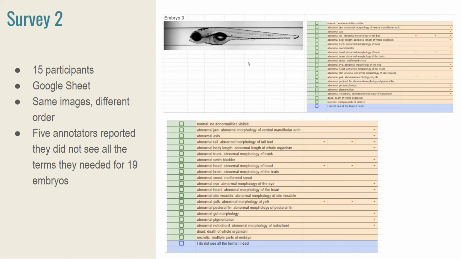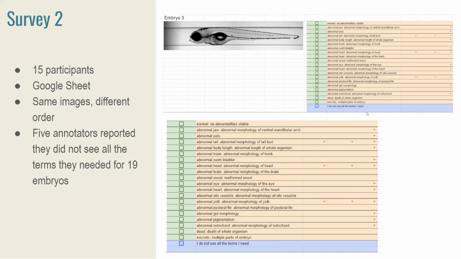Survey 2, we had 15 participants. It was in a Google Sheet this time. We used the same images, but presented them to the participants in a different order. And here we have the ontology terms that were provided with their definitions, and just ask people to choose the terms that applied.